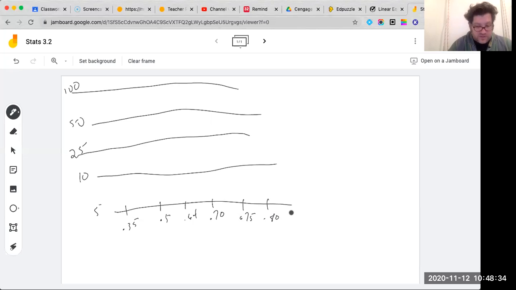Oh my goodness, and then it goes way up too. Do we have any 90s? No 90s. 95, 99, 1. Okay, I'm not going to do all of them because this is going to look messy.